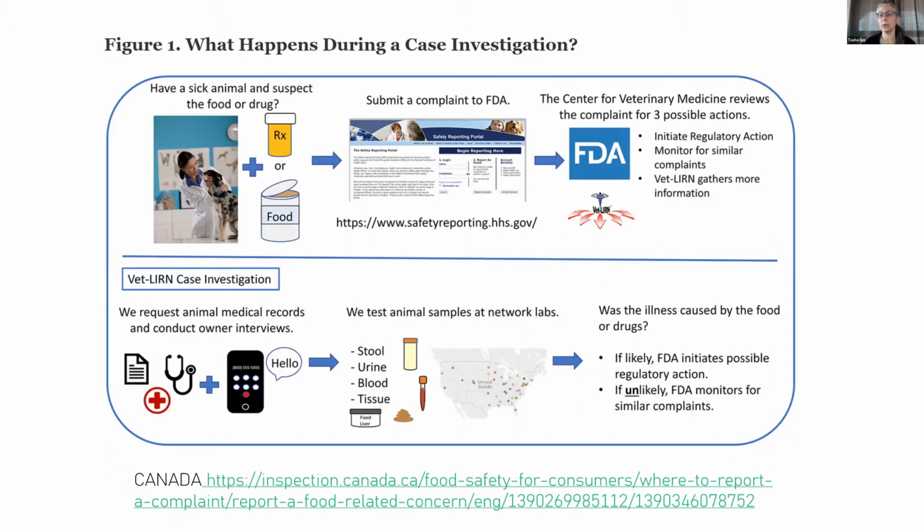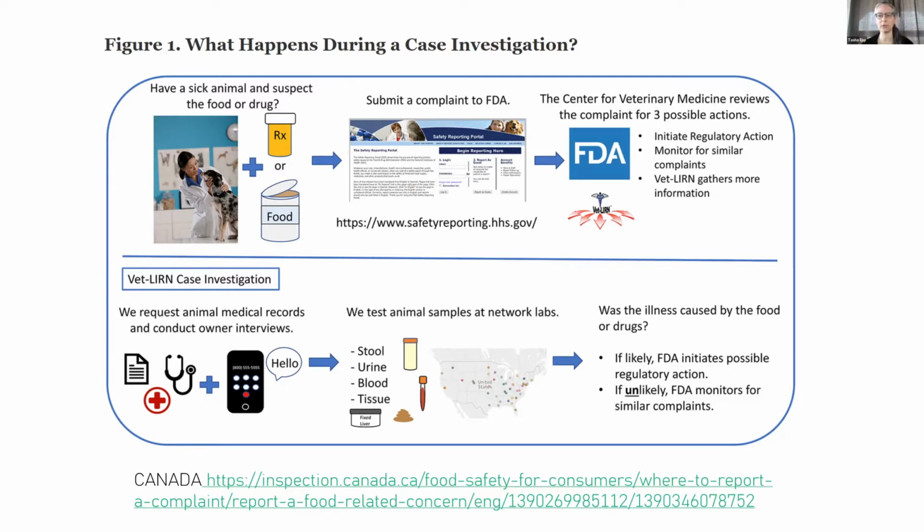Once these things are reported, there are 3 possible actions. One is they monitor for more complaints. One is they decide they need to gather more information, where they can start an investigation arm, which is the bottom half of this graph, where they do some active data collection.